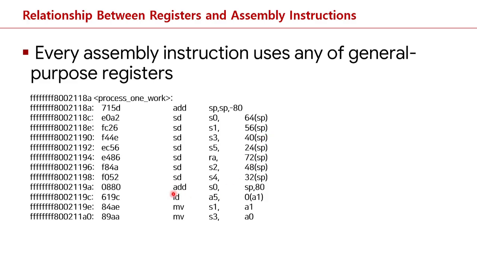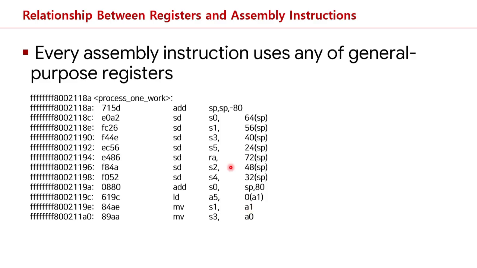And please take a look at this. This is an add assembly instruction. The add assembly instruction is together with the S0 register. In the context of the syntax of assembly instructions, this register is called the destination register, and this register is called the source register.